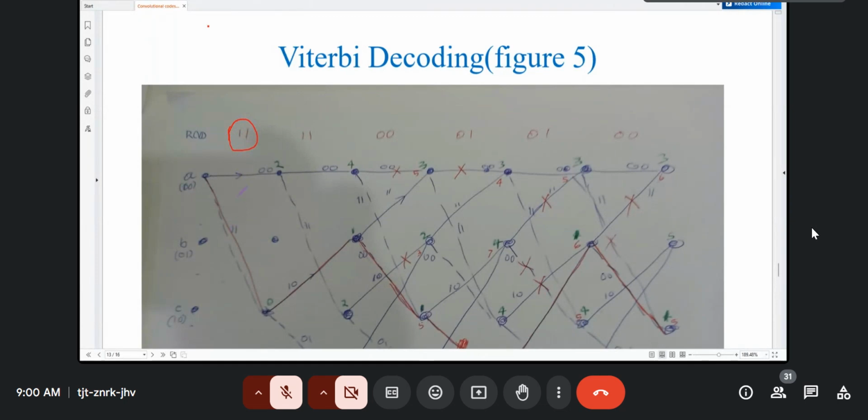These are 2 bits. If one bit is different, the metric is 1. If both bits are different, the metric is 2.